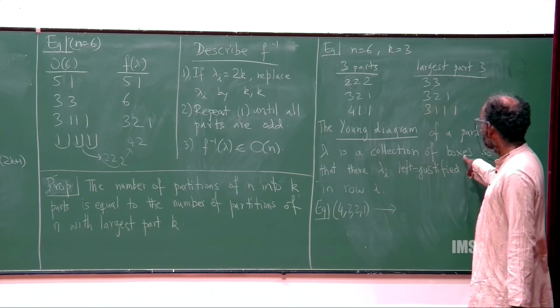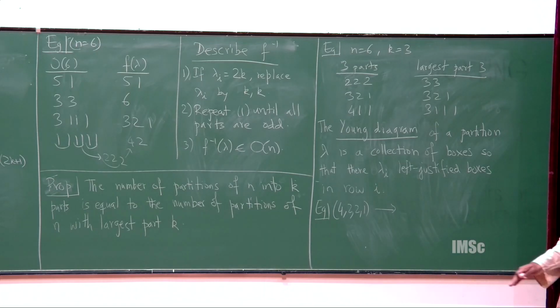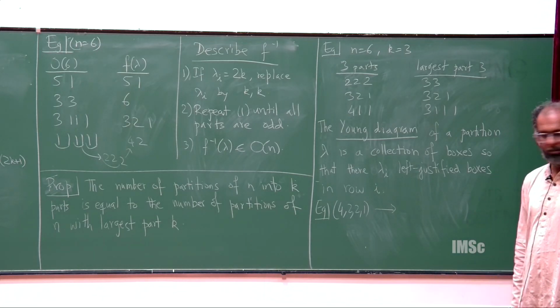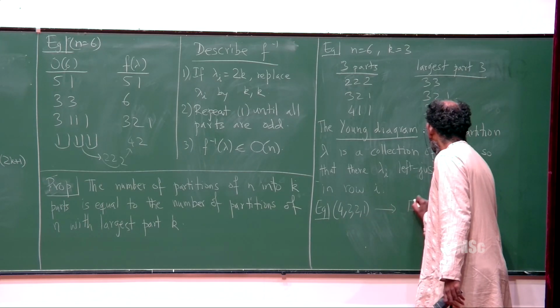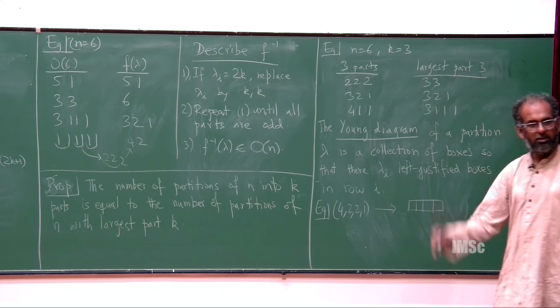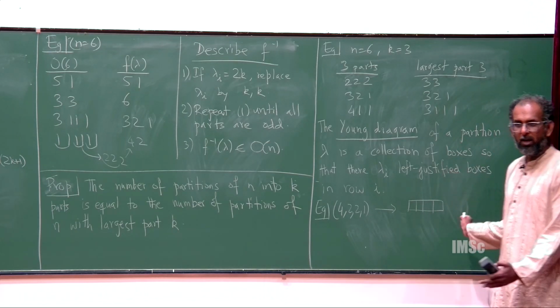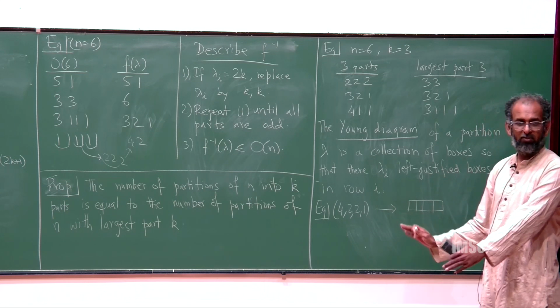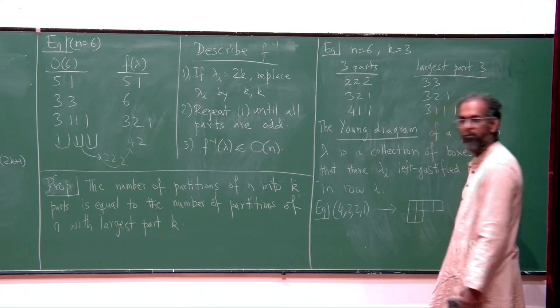So I have to draw some boxes. In the first row there will be 4 boxes, because the first part is 4. In the second row there will be 2 boxes, but where will I place them? They are left justified, so I have to start from the left.